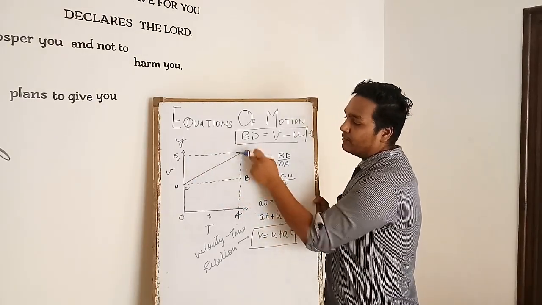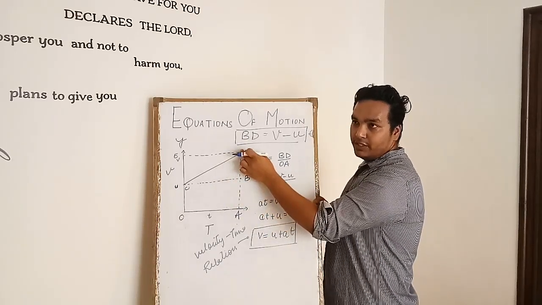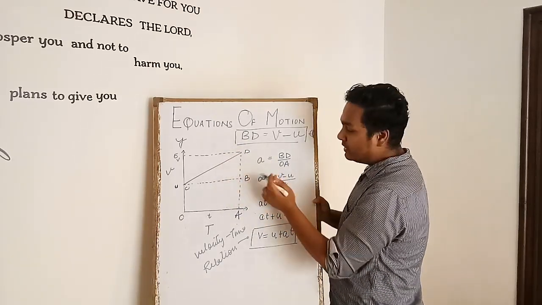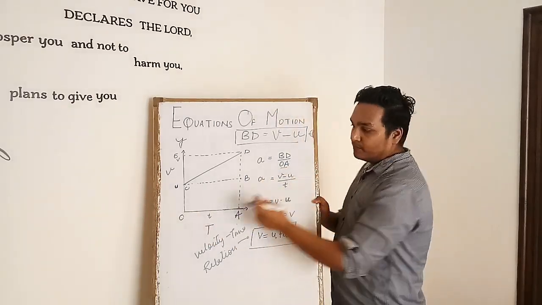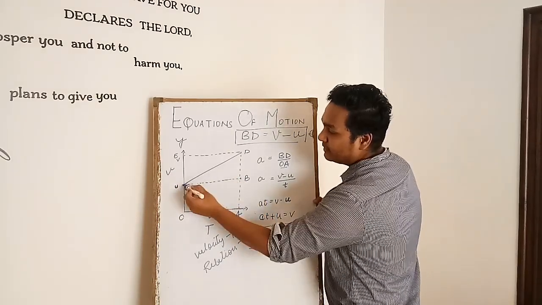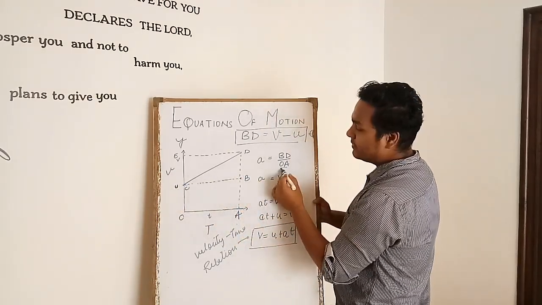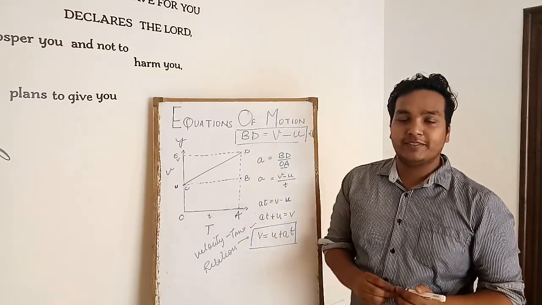So BD is change in velocity. It was here, then it reached here. So BD is change in velocity, and time is OA. This is time period. Initial time, final time, this is time. So this is the equation.